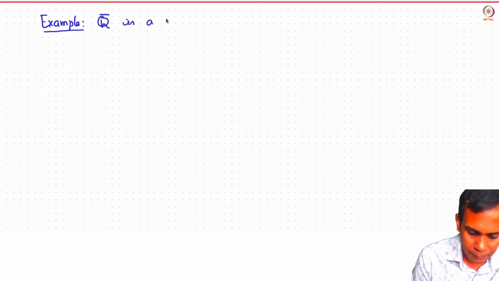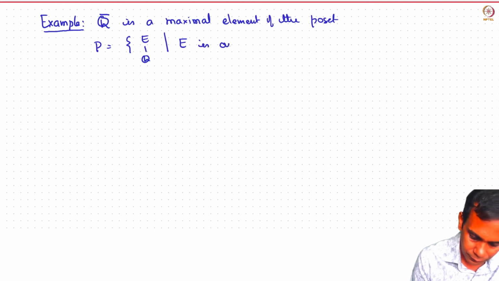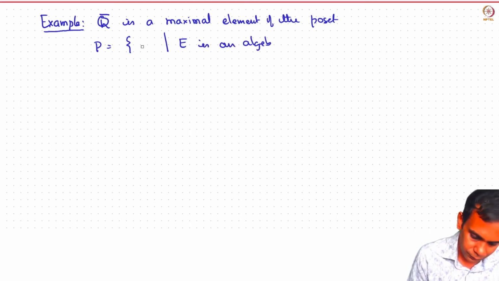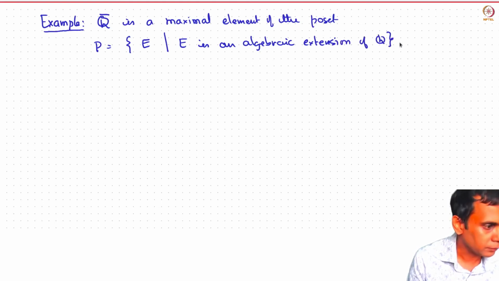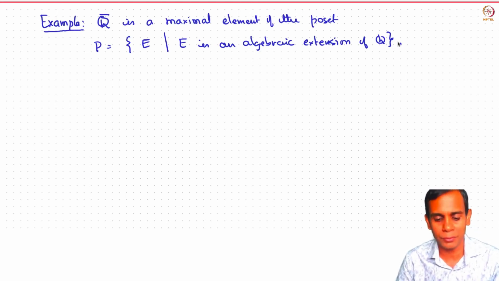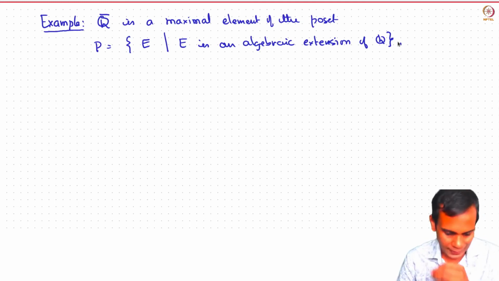Q bar is a maximal element of the poset P equals the set of E, where E is an algebraic extension of Q. In fact, if you have any algebraic extension of Q, it is contained in Q bar, because Q bar contains all the elements of the complex numbers which are algebraic over Q. And so every algebraic extension is contained in Q bar, and therefore Q bar is the maximal algebraic extension. It itself is algebraic, of course.